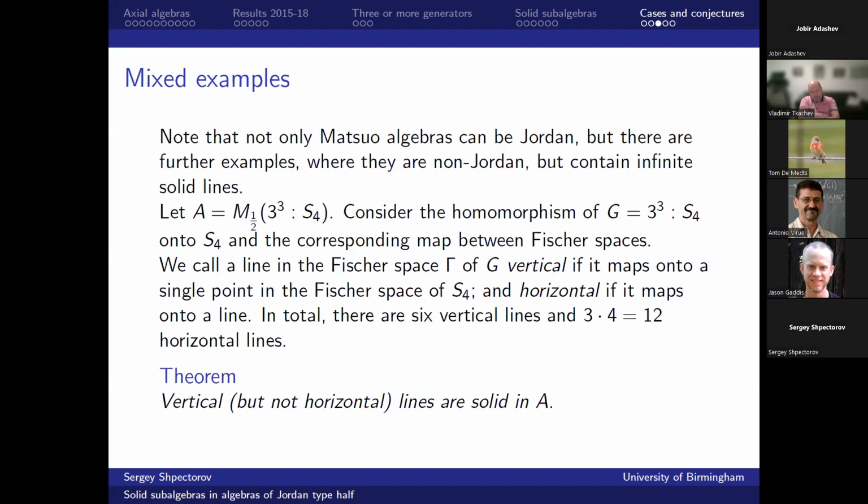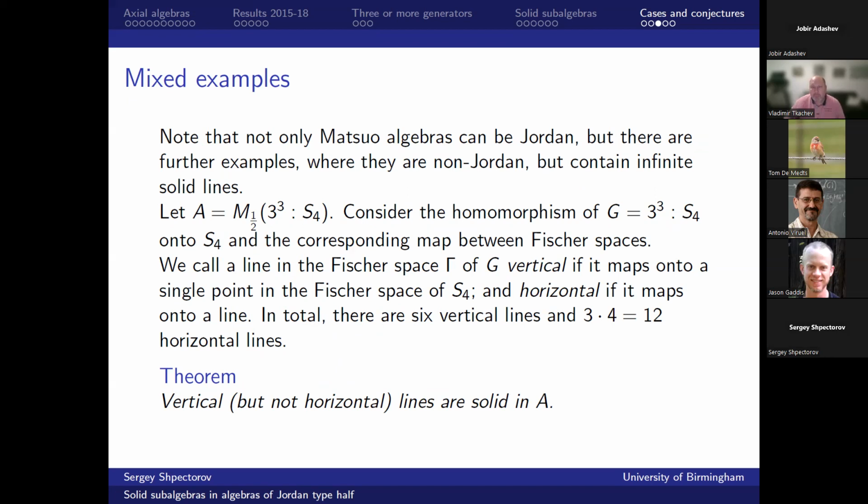Okay, I think that is the end of my, no, there is one more slide. Just to mention that Ilya and Alexei found an example of a Matsuo algebra which is not a Jordan algebra, but it does have solid lines, and it arises for 3-covers of the symmetric groups.